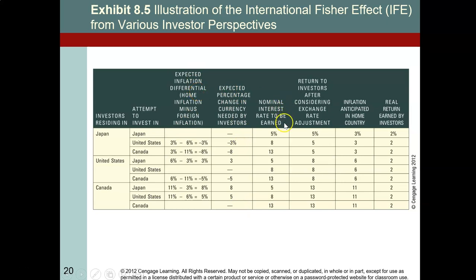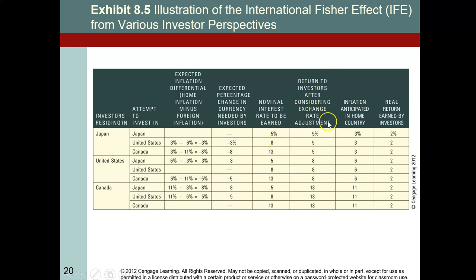Nominal interest rate to be earned is listed here. And then we have the return to investors after considering exchange rate adjustment.